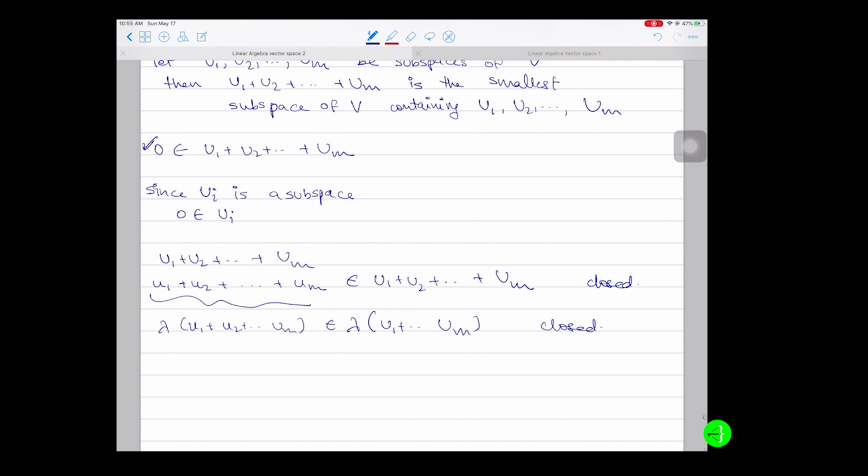So the sum of subspaces u1 plus u2 till um is a subspace. We have proved that it is a subspace because we have satisfied the three conditions: the additive identity is an element of the set, it is closed under finite addition, and it is closed under scalar multiplication as well.